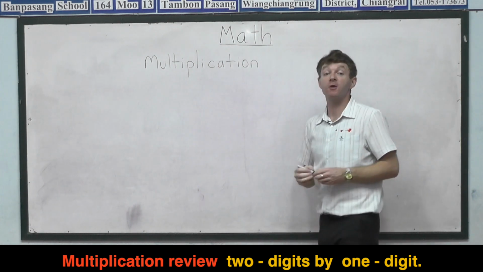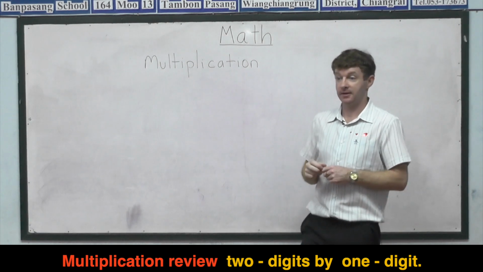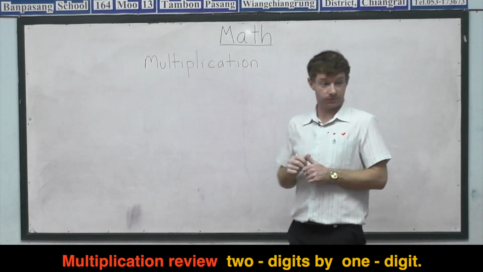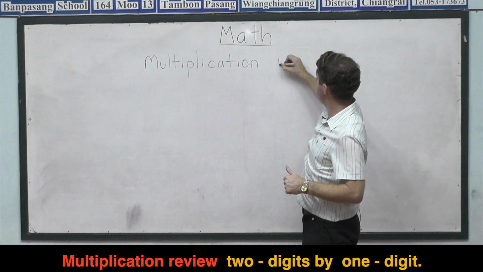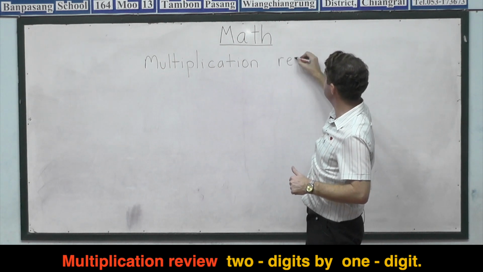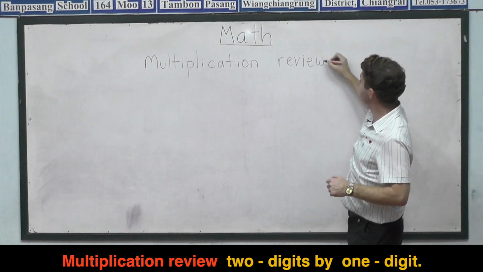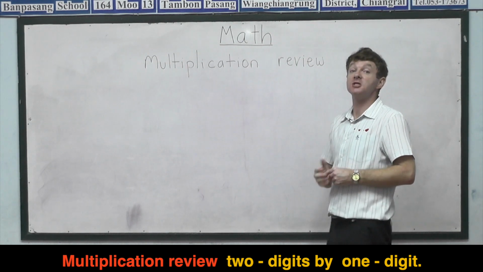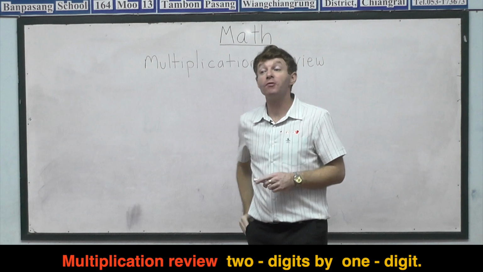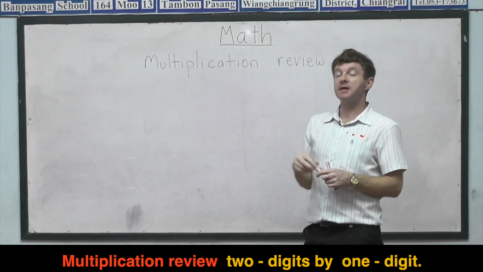M-U-L-T-I-P-L-I-C-A-T-I-O-N. Multiplication. Review. And we spell review R-E-V-I-E-W. Multiplication. Review. And let's begin this lesson.